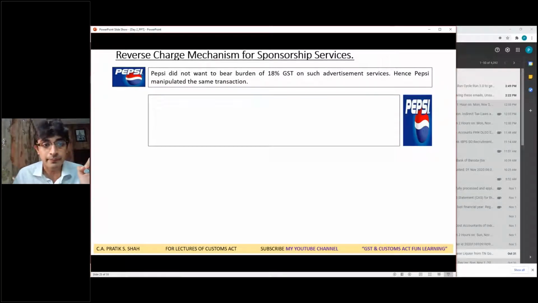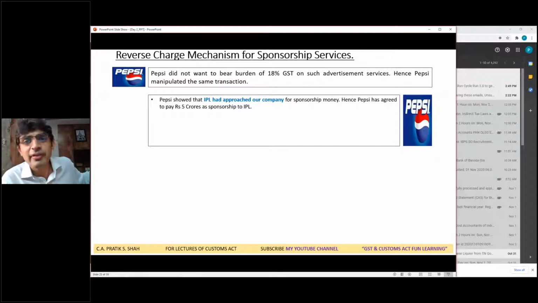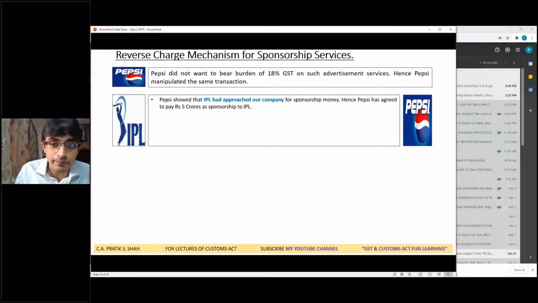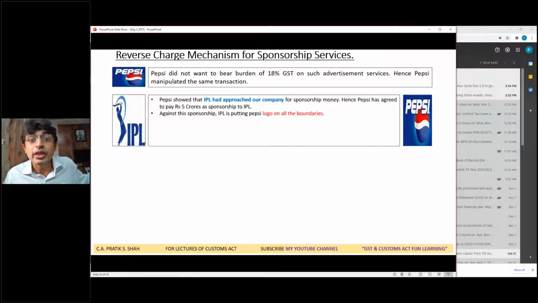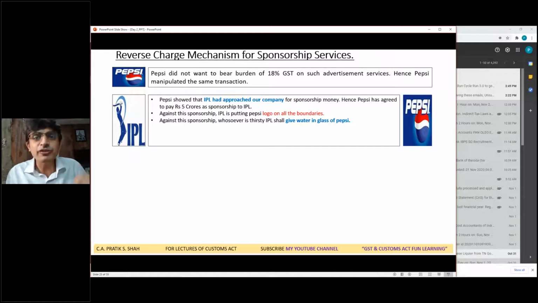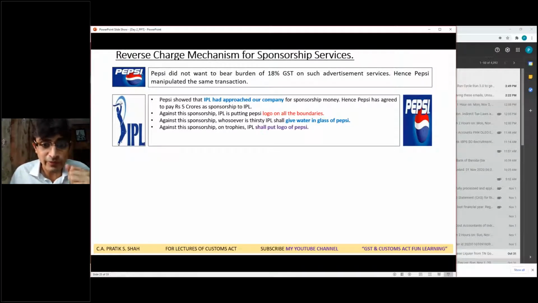See how it explained. It told the government, boss, I never approached IPL. IPL approached me for sponsorship. IPL did not have money, so IPL approached me for sponsorship. Hence, Pepsi gave money, and in return they are putting logos of Pepsi on the boundaries and on trophies also.